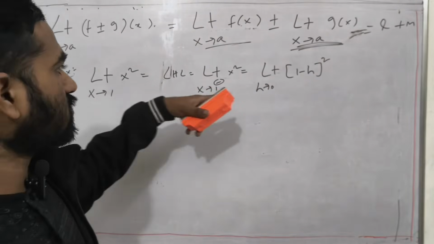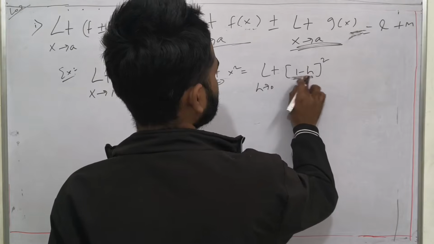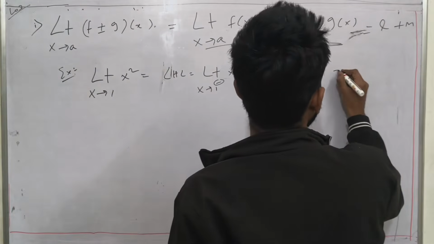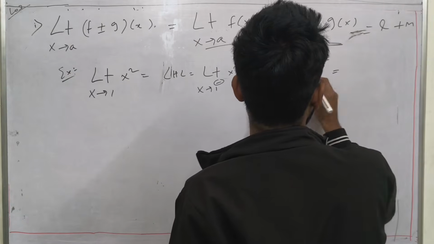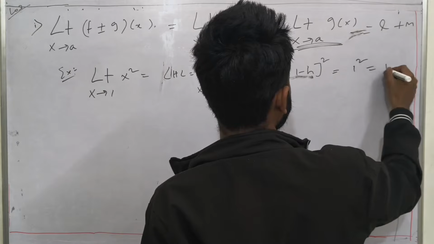In place of x we have 1 minus h. So here h tends to 0, it is 1 square equals 1.